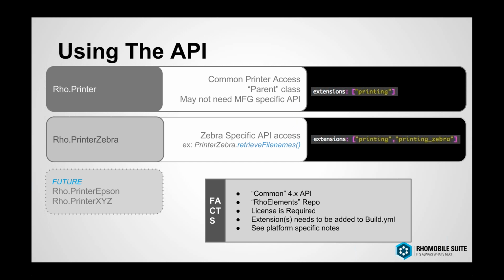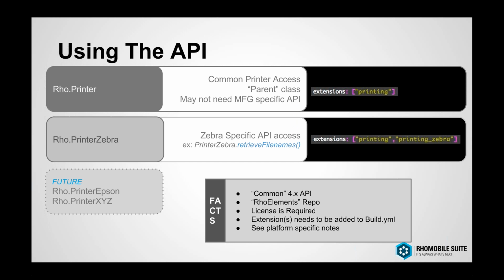Rho printer is essentially the parent class or the common printer class, where we're putting all of the common APIs for printers. No matter what the printer type or manufacturer is, anything that's common across them will be in this class. So a lot of the time you can get away with just using Rho printer, depending on what you're trying to do.